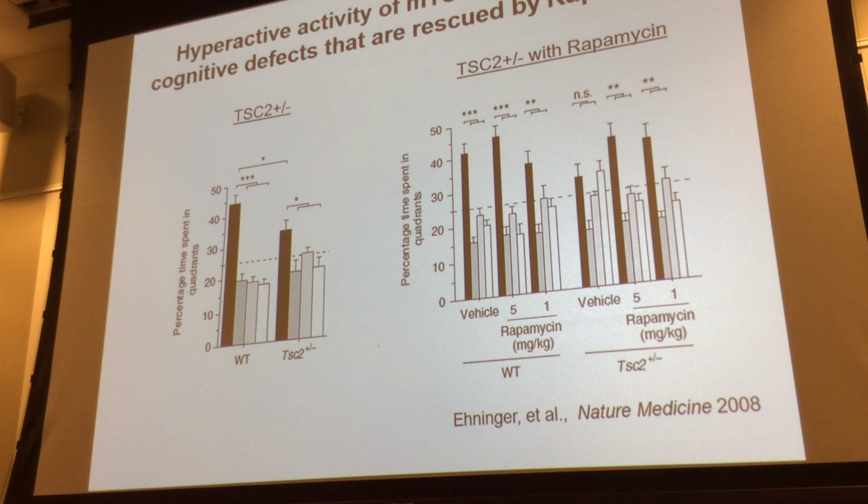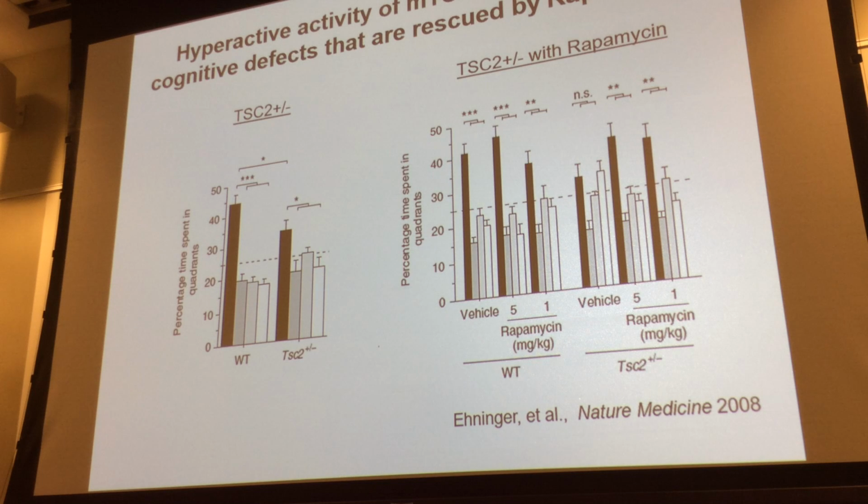All right, let me give another functional example. This is a study from Alcino Silva's group at UCLA. Here they use a TSC2 heterozygous knockout mouse. As I probably said, if you use the homozygous knockout, it's not going to work, it's going to be different. But we still have those mice in the lab too.